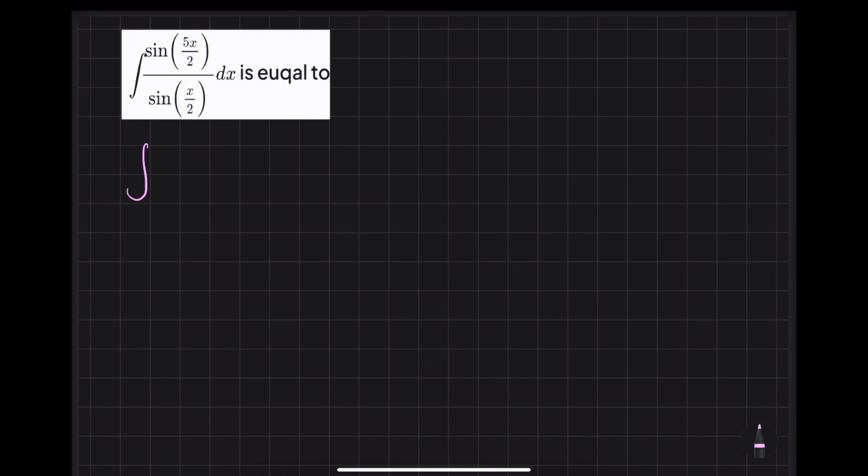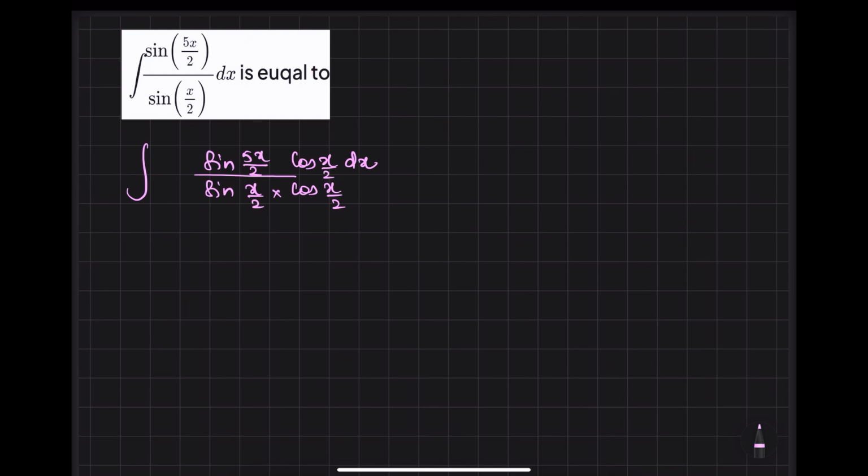So integration of sin(5x/2) upon sin(x/2). If you try to recall, sine 2 theta is 2 sine theta cos theta. So in the denominator, if I try to manage it, I have to multiply and divide by cos(x/2), and we don't know what will happen with the numerator.